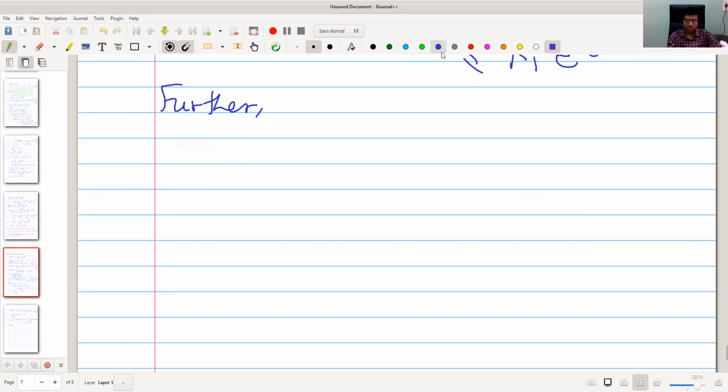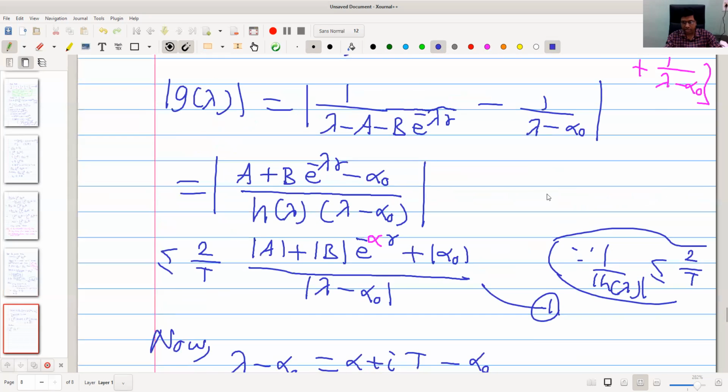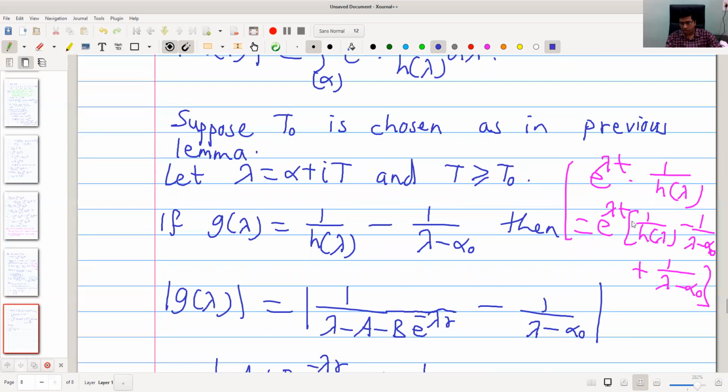Now we write about the second term. Furthermore, mod of integral e raised to lambda t into 1 upon lambda minus alpha 0 d lambda. So we see the bound on this thing also.